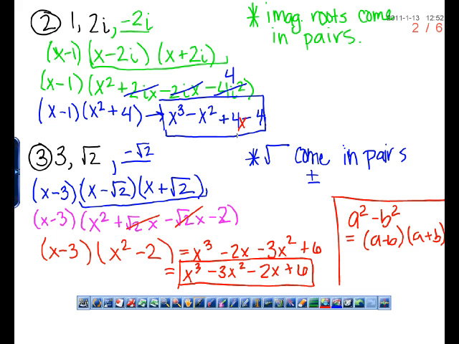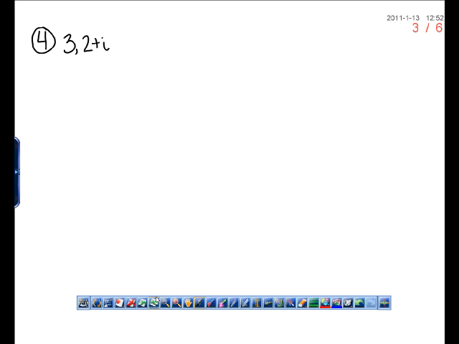Everyone okay so far? Okay, one more rule. If I have roots of 3 and then 2 plus i, what kind of number is 2 plus i? It's complex. It's got a real part and it's got an imaginary part. A complex number is always going to come in pairs with its conjugate.